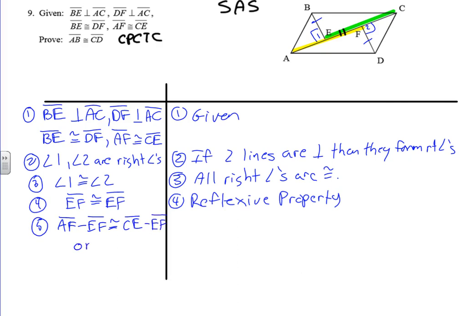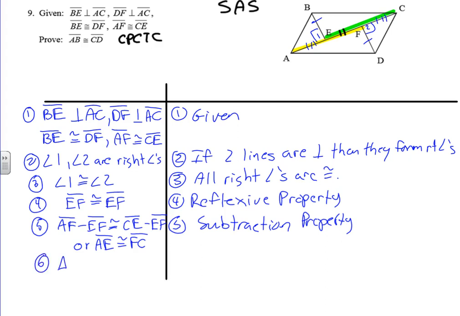Or, what's left, AE would be congruent to FC. See, now by the subtraction property, we've been able to shrink it down so that this side is congruent to that side, which are part of those triangles.